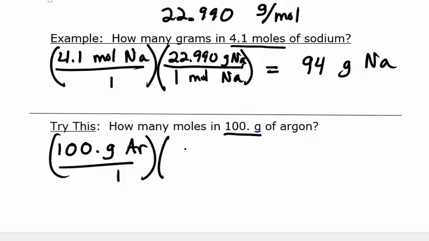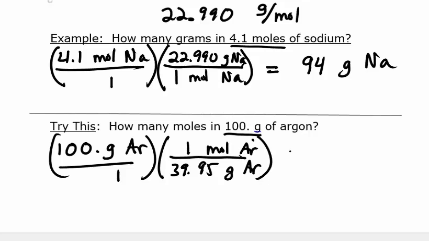The molar mass for argon you get from a periodic table is 39.95 grams per mole. And we need grams on the bottom. So 39.95 grams goes on the bottom, and 1 mole goes on the top. And we get 2.50 moles of argon.